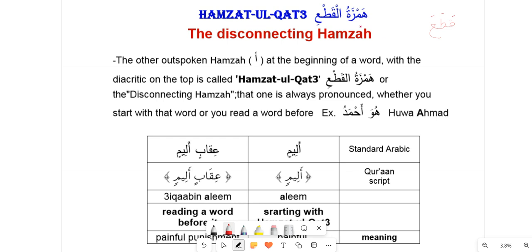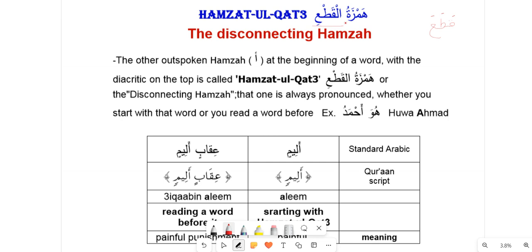And hamzatul qata means where the sound is cut. Whenever hamzatul wasl comes, you may skip it in between two words, but hamzatul qata you have to pronounce, even if it's at the starting of the sentence or in between two words. So hamzatul qata is very easy to remember. As the name suggests, qata, remember to cut.